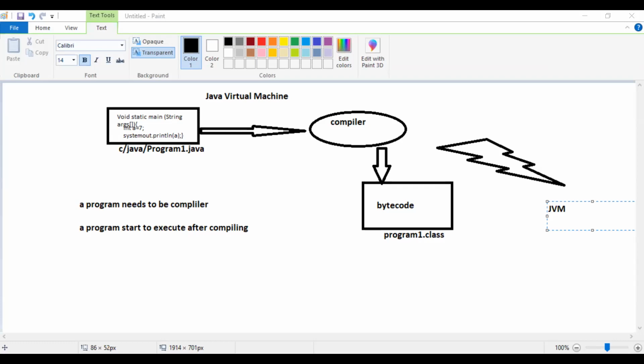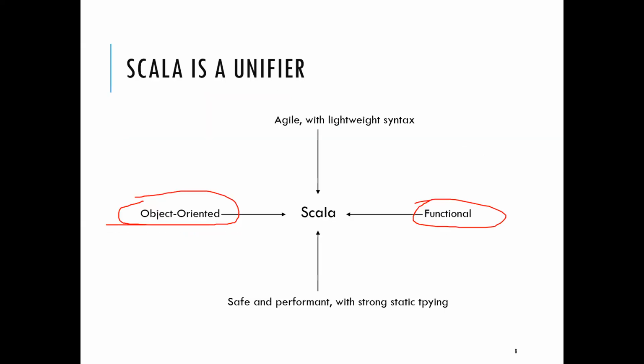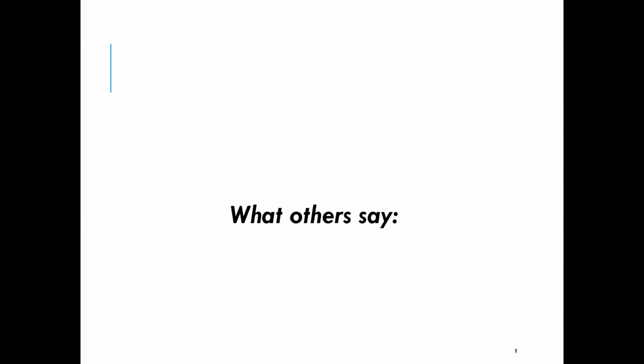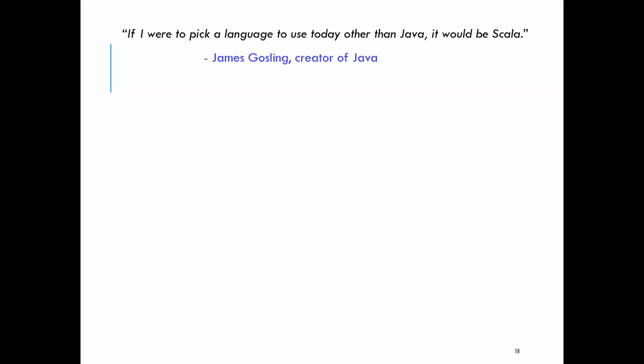The rest, like agile and safe performance, are attributes. This is object-oriented and functional as well. These are the features which support agile, lightweight syntax, very simple to do, safe performance, strong static typing, and so on.